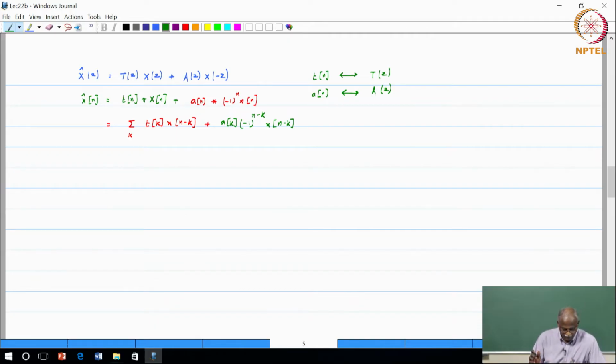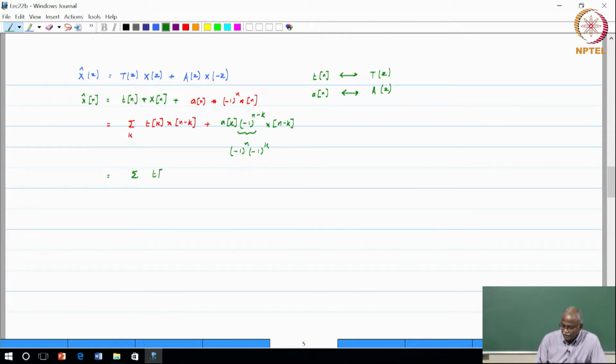So, I am going to split this in the following form: minus 1 power n, minus 1 power k. Minus 1 power minus k is the same as minus 1 power k. So, now I am going to do a combining of terms.